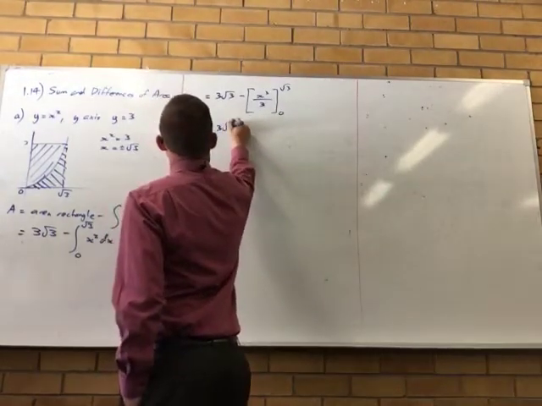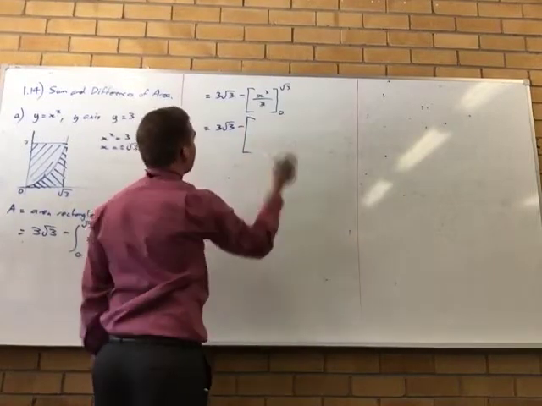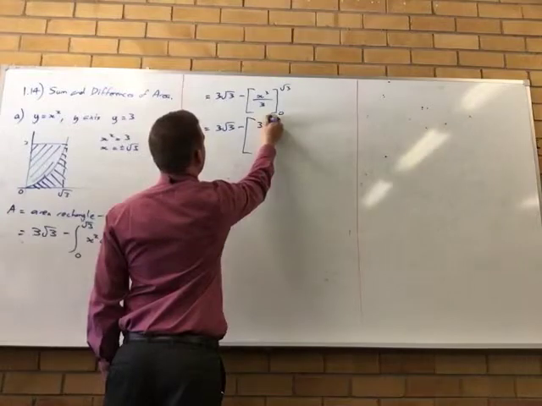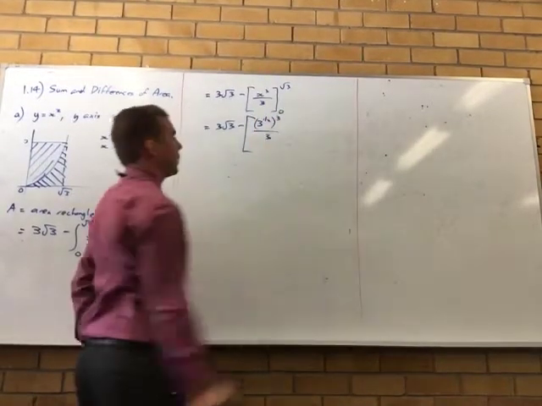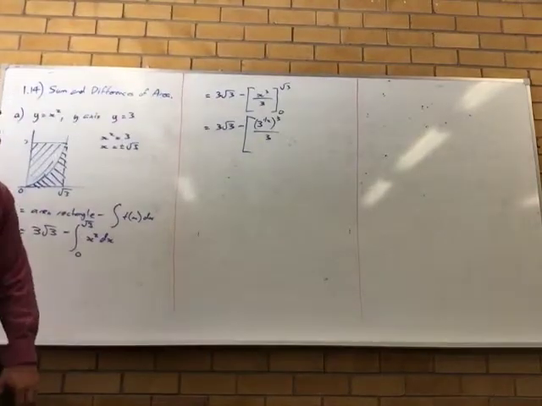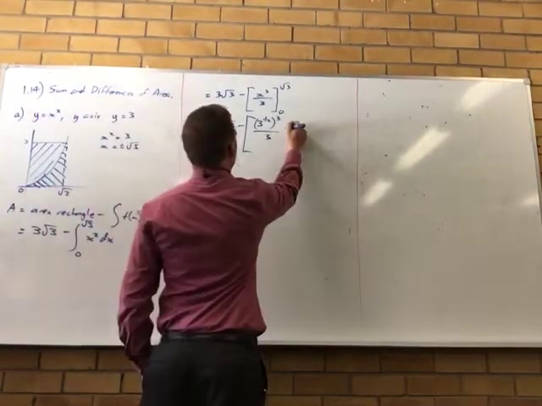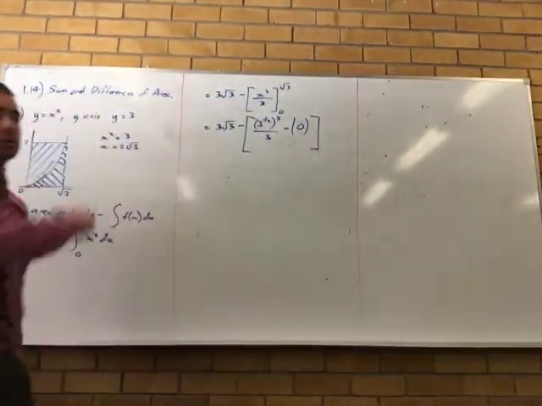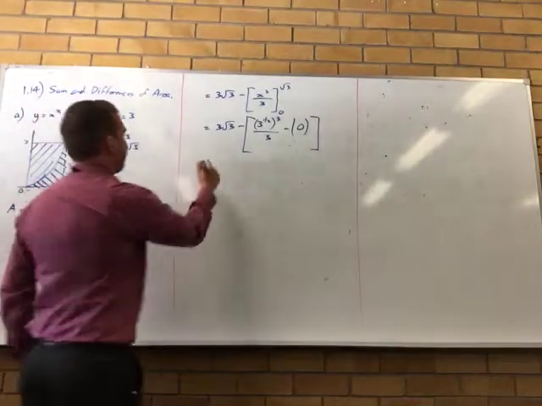So, 3 root 3, take away, it'll be 3 to the half, all to the power of 3, all over 3. Just avoiding my thirds for now. Take away 0, because if I substitute 0 into x cubed over 3, we'll get that.